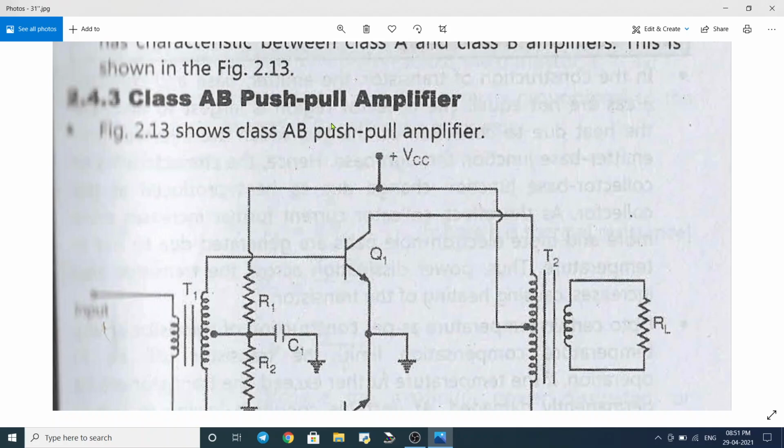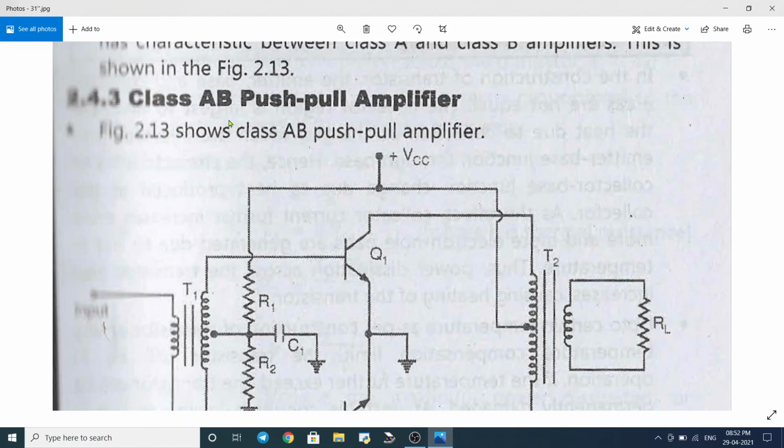Now this is class AB. Class AB means the collector current flows for more than half cycle. We know in class A, collector current flows for the full cycle of the input signal. The collector current flows means transistor remains on.